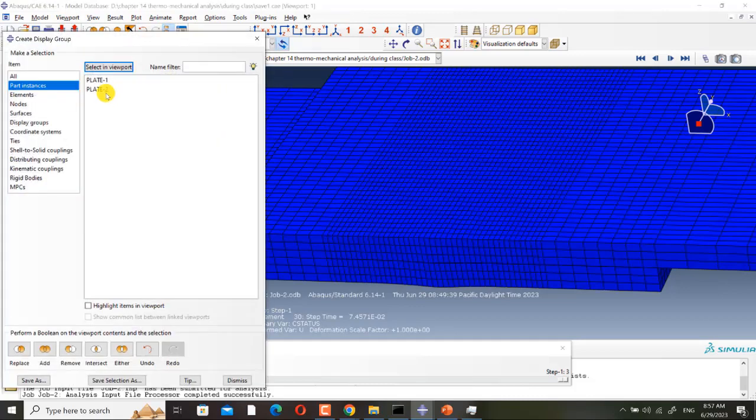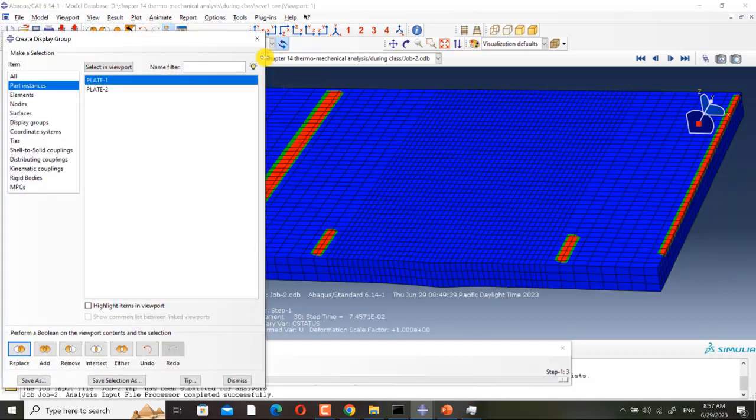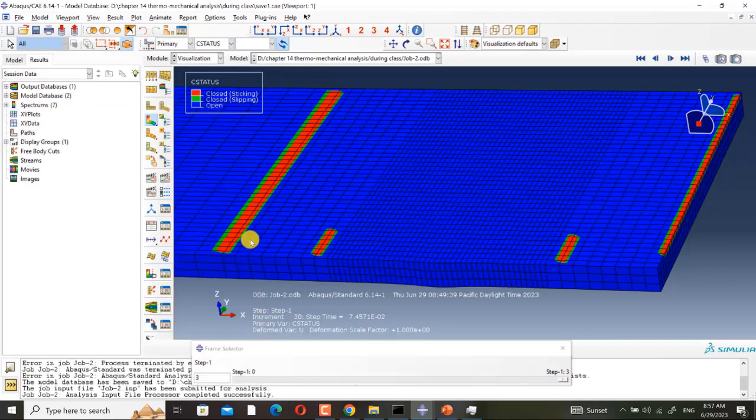See the status. And you can see that these closed parts are due to the large deformations. Due to the thermal deformations, we have these contacts here.